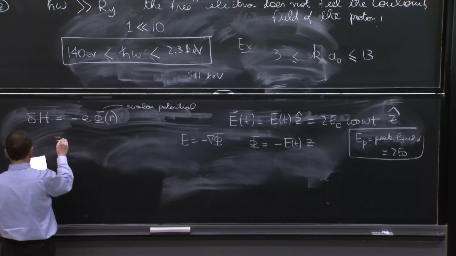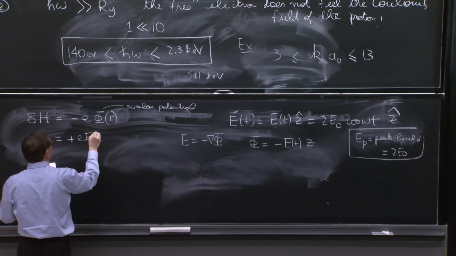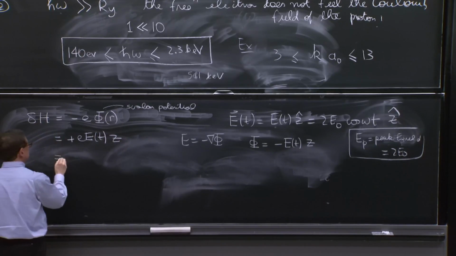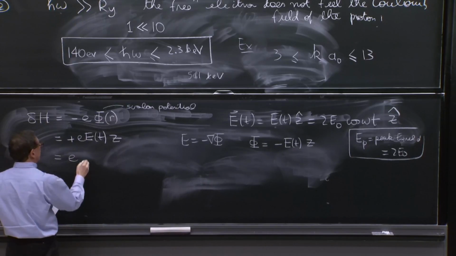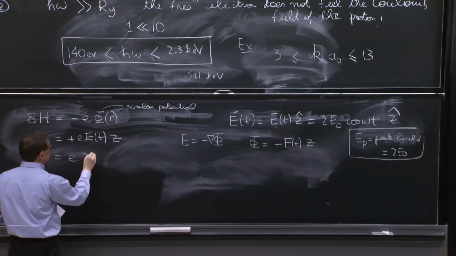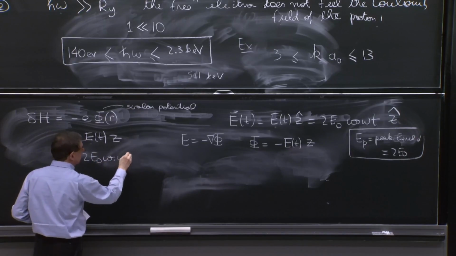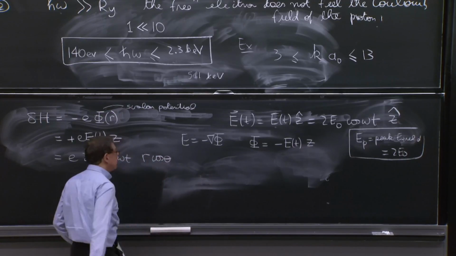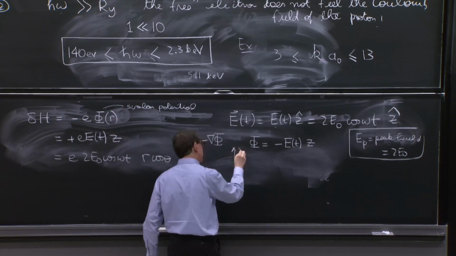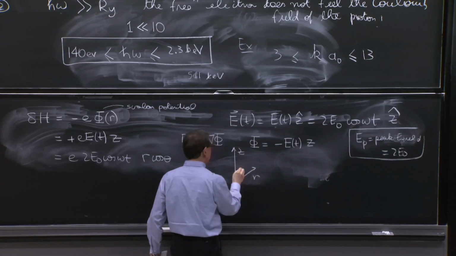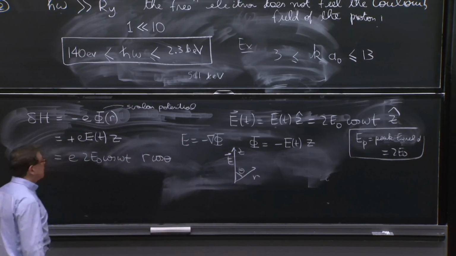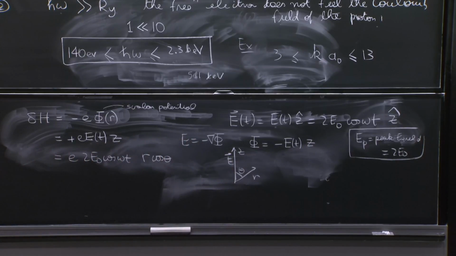So this is plus E of t z, and E of t has been given as 2E0 cosine omega t, and z we can write as r cosine theta. This is in the usual description where you have the z-axis here, here's r, theta, and the electric field is going in the z direction. So z is r cosine theta. So I think I have all my constants there.